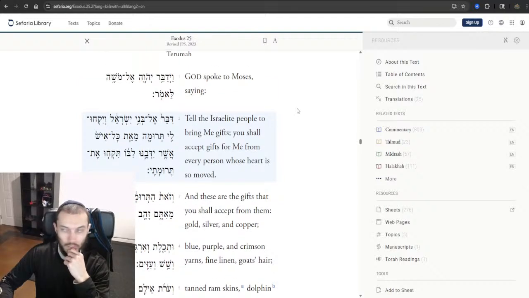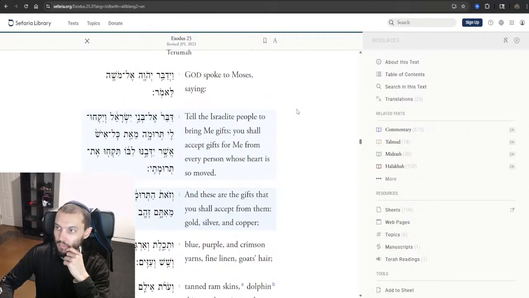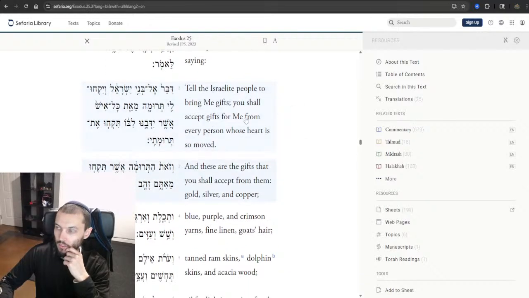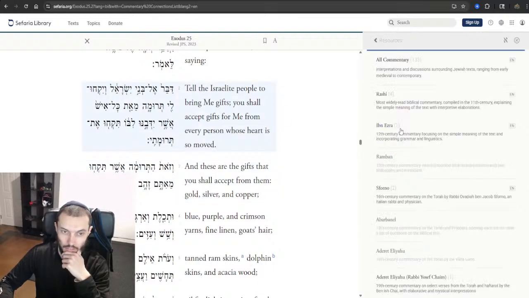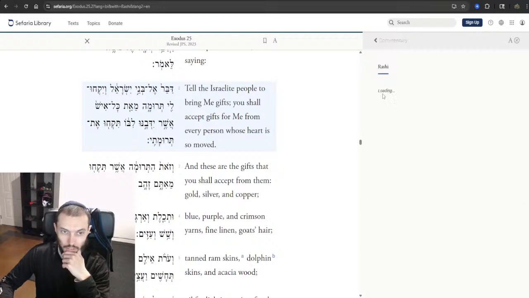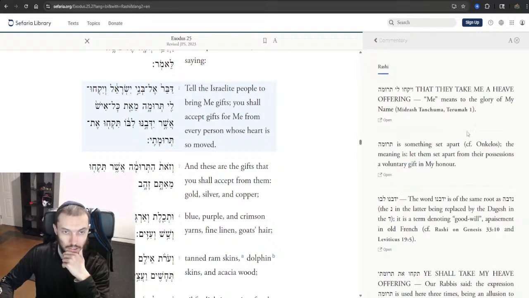But I can keep rotating up and down and switching each thing properly if I ever want to do commentary. See Rashi's commentary on this, that they take me a heave offering.